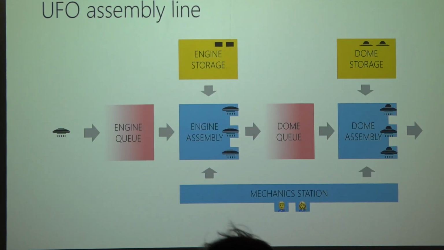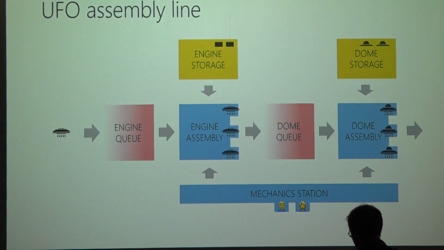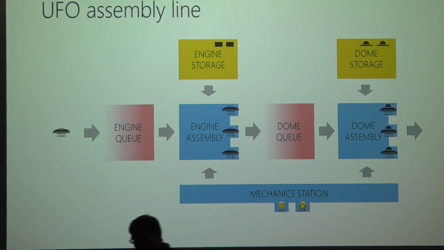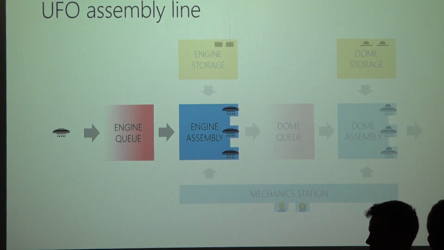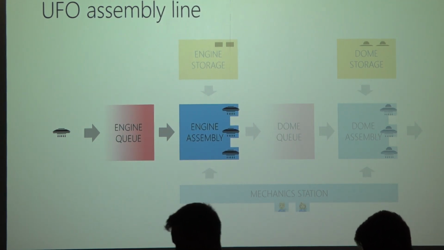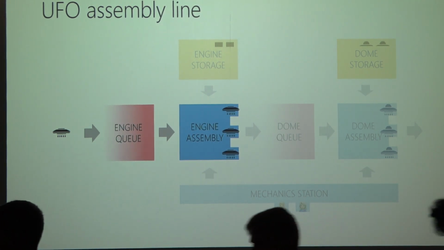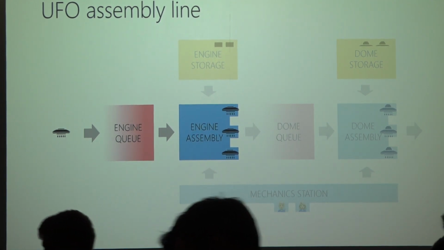So we will talk about the assembly line portion. Basically, when an order comes in, we have this half-finished UFO, and it needs to go into the engine assembly. However, we have a limited number of service stations in the assembly, so that means we can only, in this case, visualization, assemble 3 engines at a time for different UFOs.